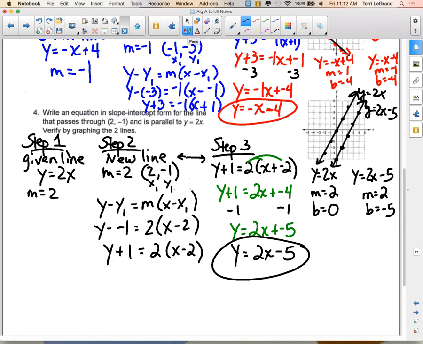Okay. After you have them graphed, I need to mention another reason why we graph them on these problems on the back side.